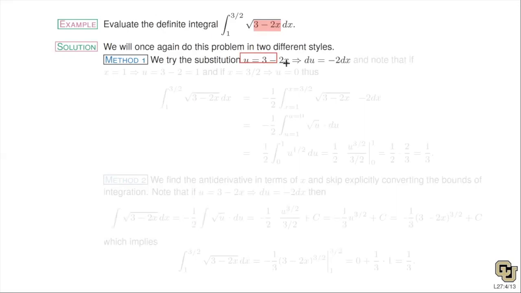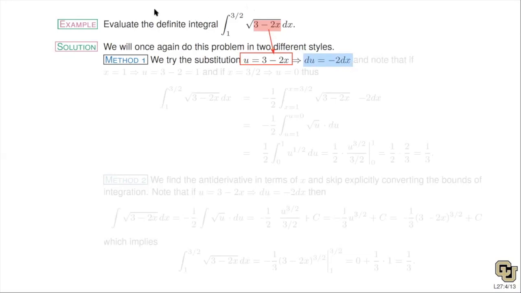So here I simply say, let u equal 3 minus 2x. And then, of course, as is my habit, I automatically calculate du. du equals negative 2 dx.